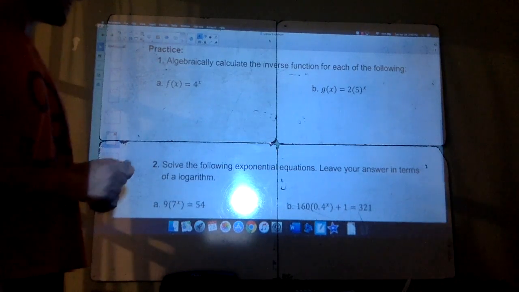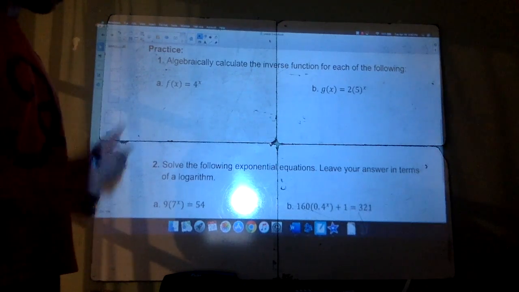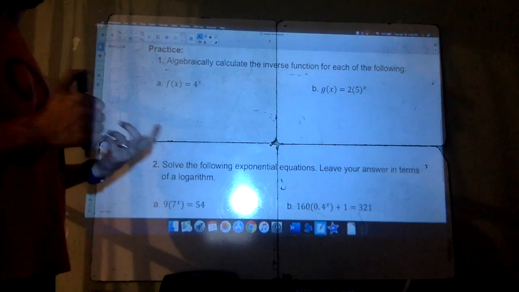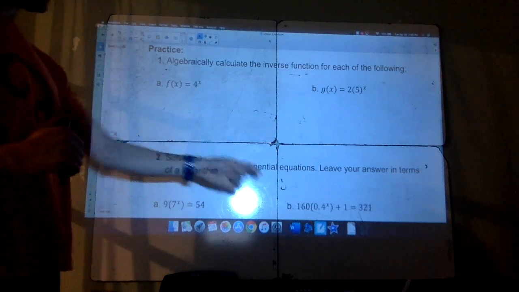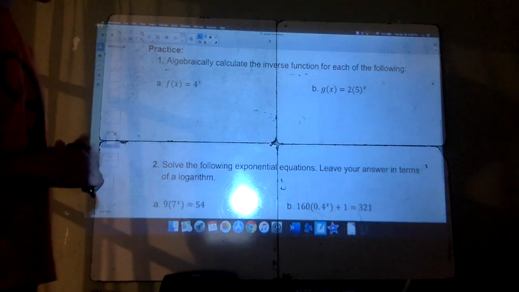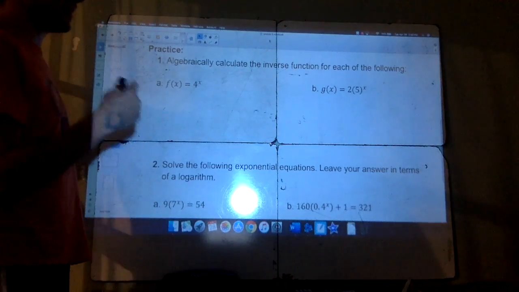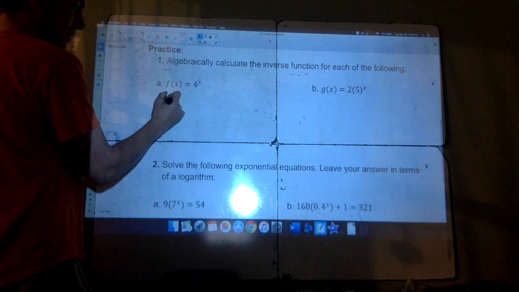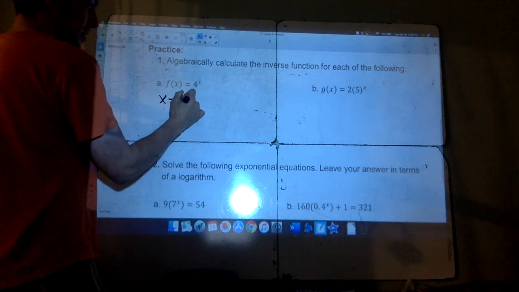All right, so to close out today's lesson, we have four problems to do right here. We'll do the first A and A together, and then B and B will be your homework to submit. So this first one, we want to algebraically calculate the inverse. So we're going to switch x and y. So we have x equals 4 to the y power.